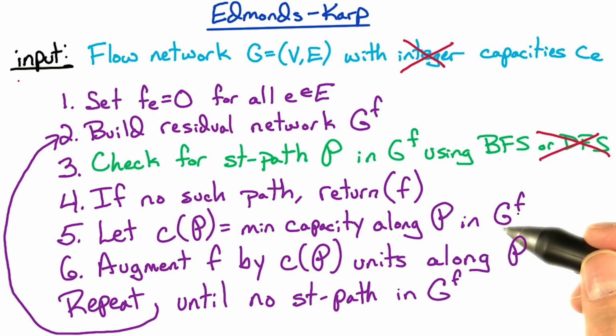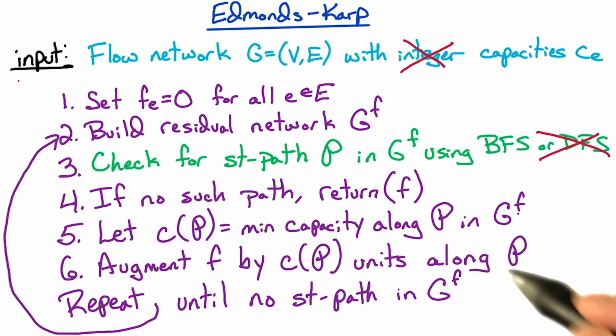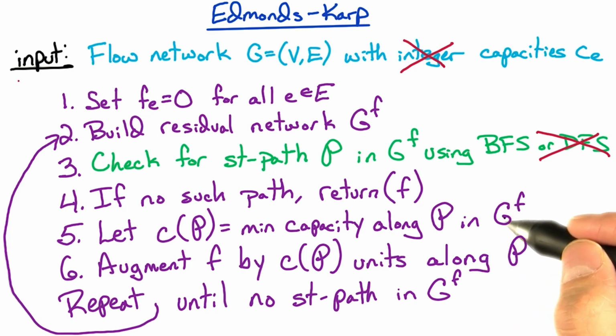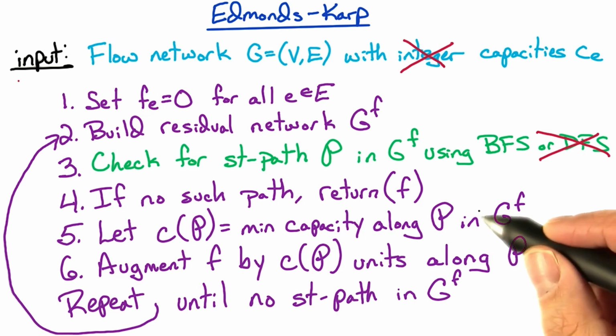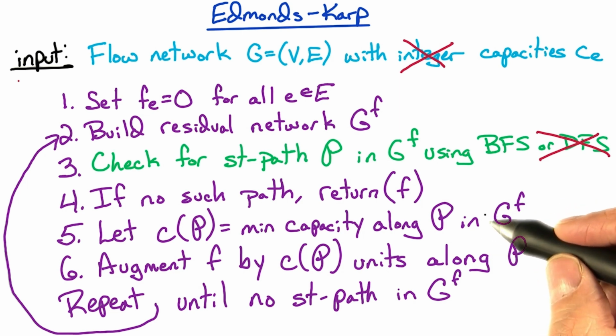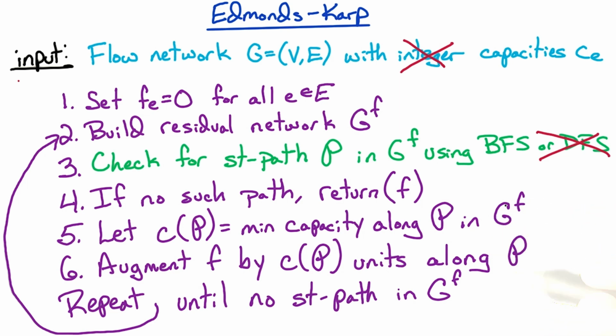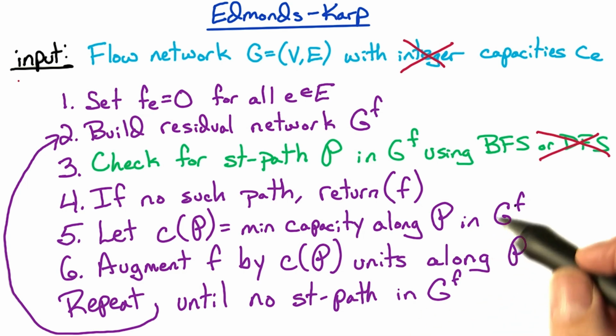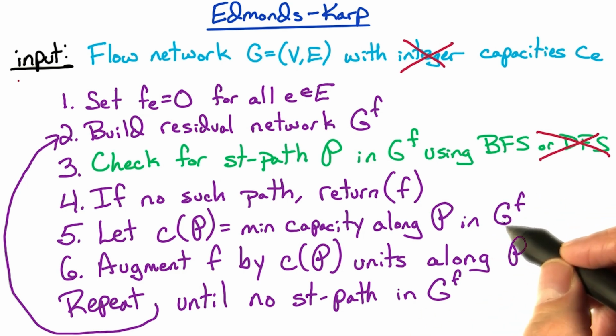Now that edge might be a forward edge or a backward edge, but regardless, it'll be removed from the residual graph in the next stage. Now there may be additional edges which are removed, and there might be other edges which are added back into the residual network. And we're going to need some understanding of which edges are added in or removed from the residual network. But one key property is that at least one edge is removed in every stage.